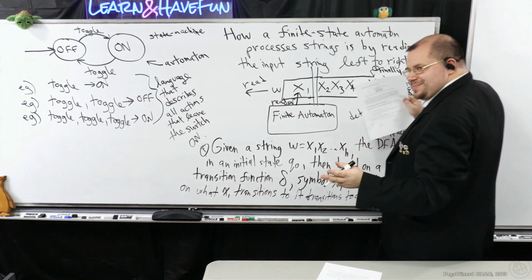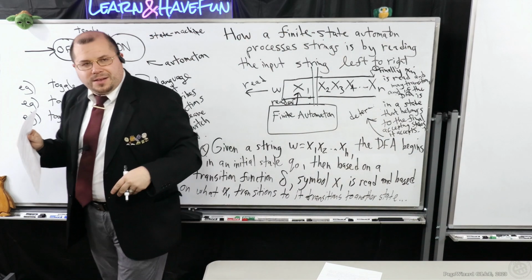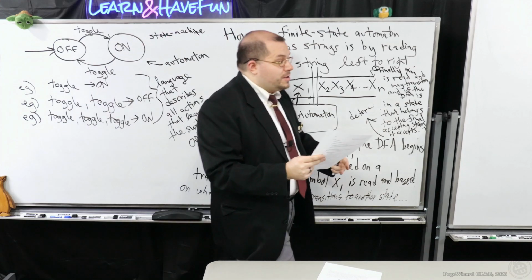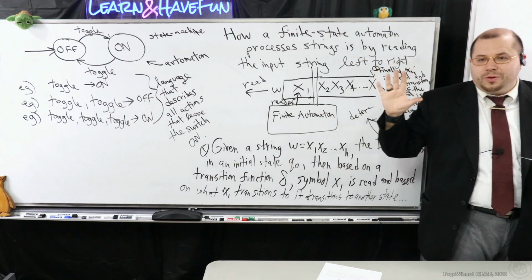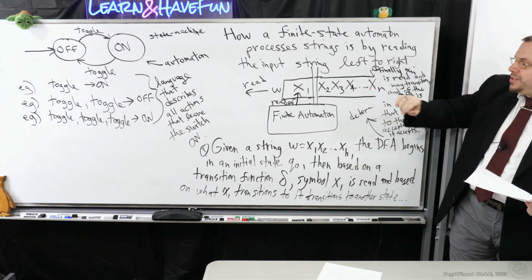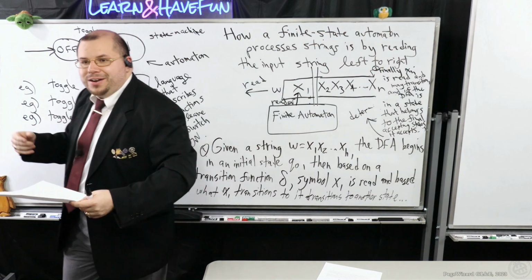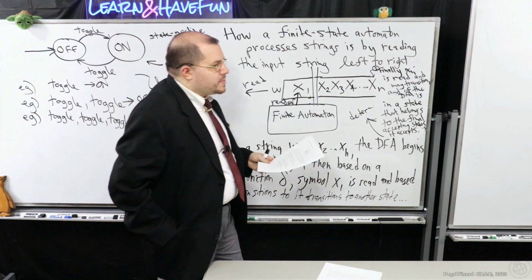Otherwise, it rejects. I don't have enough room there to say, but it's otherwise rejects. I'm going to define this all in a moment. So I'm just trying to give you a high-level picture of what we're going to be in for when we talk about a deterministic finite automaton, or plural deterministic finite automata.